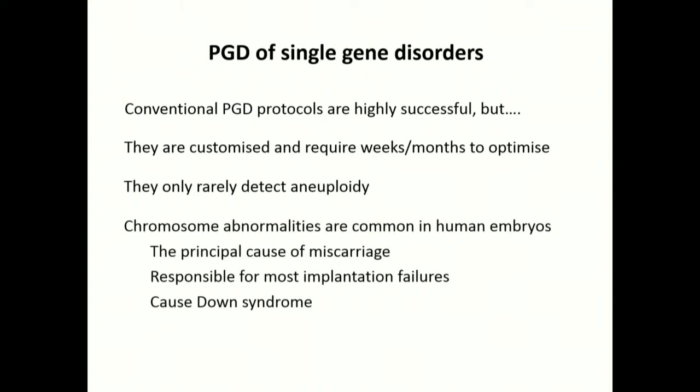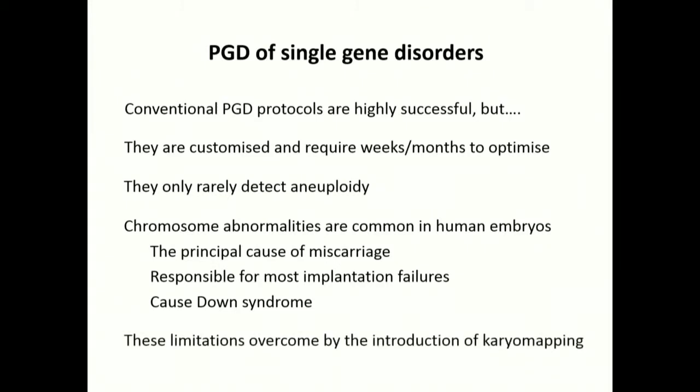Of course, chromosome abnormalities, as you're all well aware, are the principal cause of miscarriage, probably causing at least 2/3 of all miscarriages. They're also actually responsible for most IVF implantation failures. When an embryo is transferred during an IVF cycle and fails to produce a pregnancy, the most common reason for that is that it's chromosomally abnormal. And then finally, of course, chromosome abnormalities are associated with various conditions such as Down syndrome.